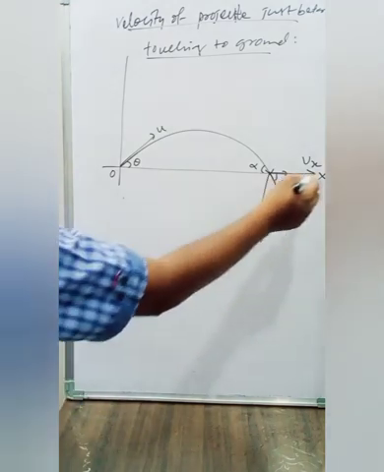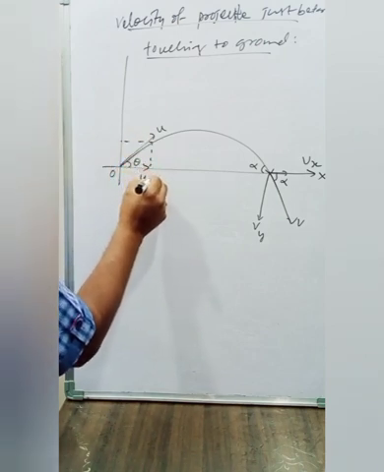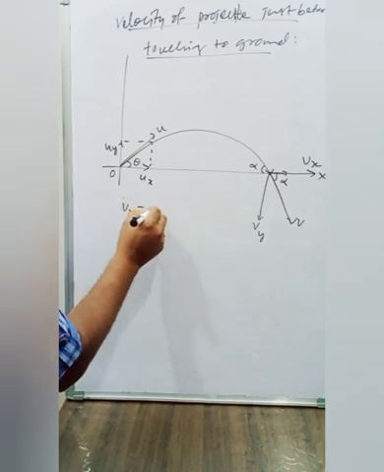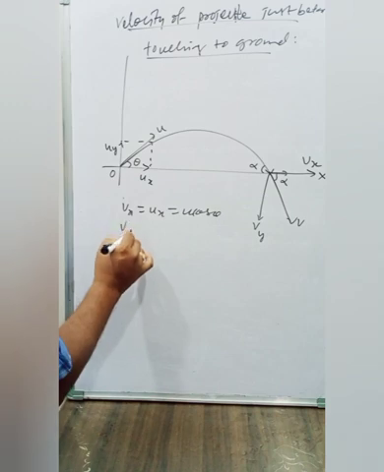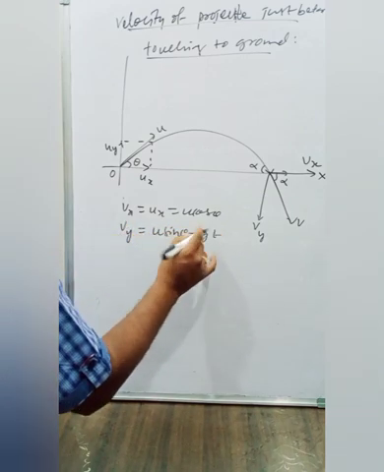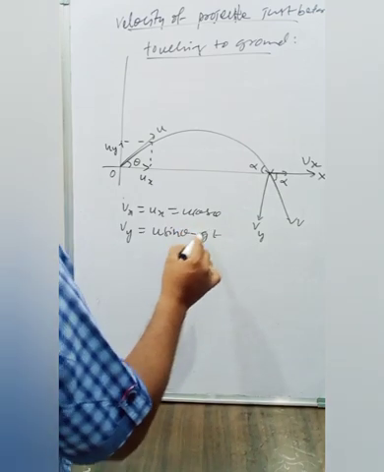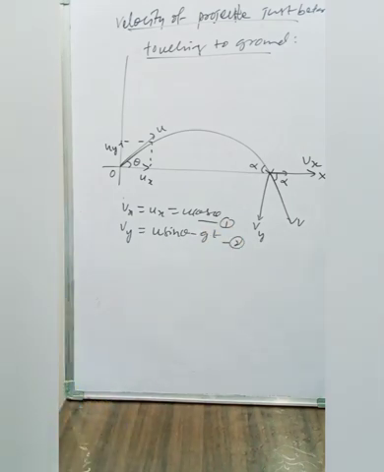We know vx, here ux and uy. Vx is equal to ux is equal to u cos theta, and vy is equal to u sin theta minus g t by using v is equal to u plus at, equations 1 and 2.